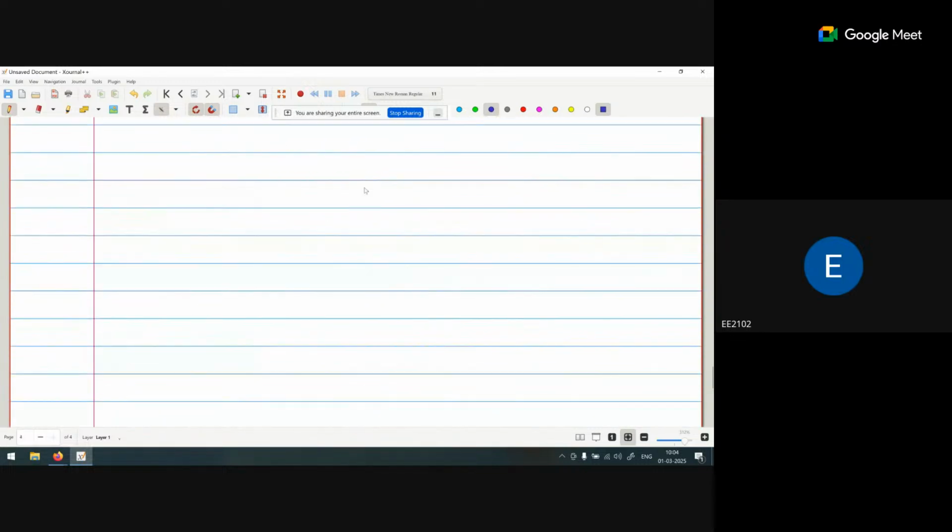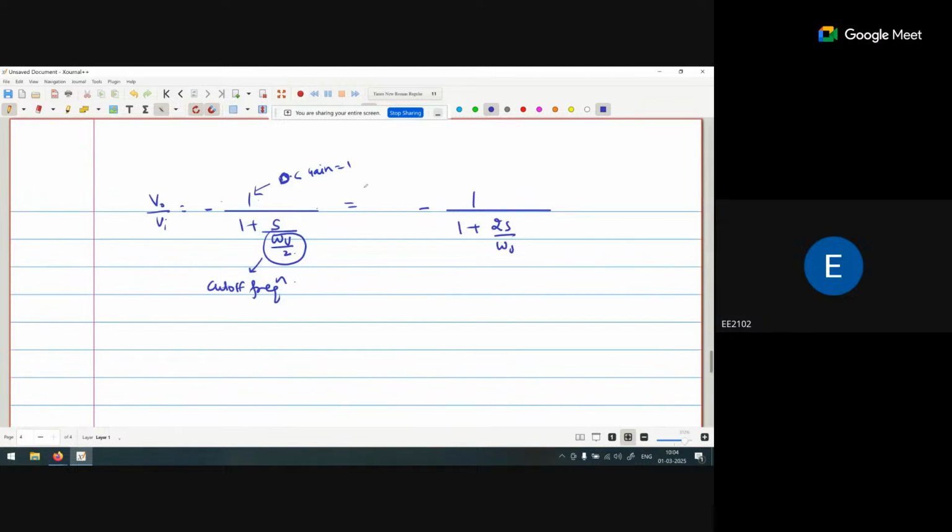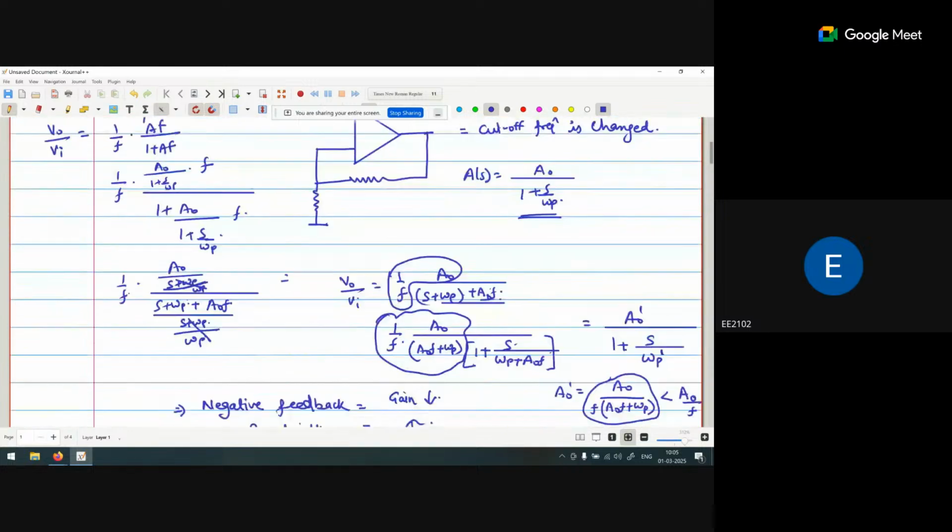If we apply Vi on the positive terminal, with R and R on the negative terminal, what is the DC gain?